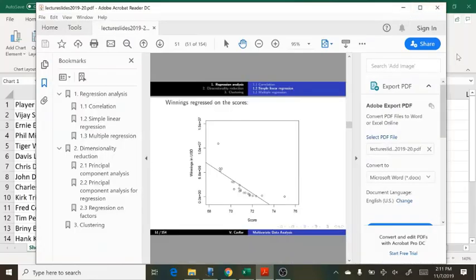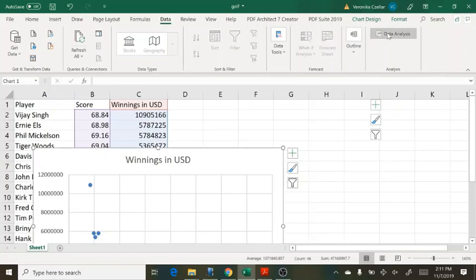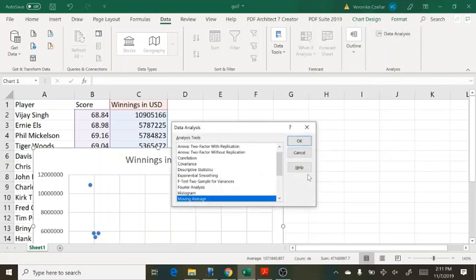How did I do it? I used data analysis, which is a free add-in in Excel. You just need to activate it, go to data analysis, and select regression.